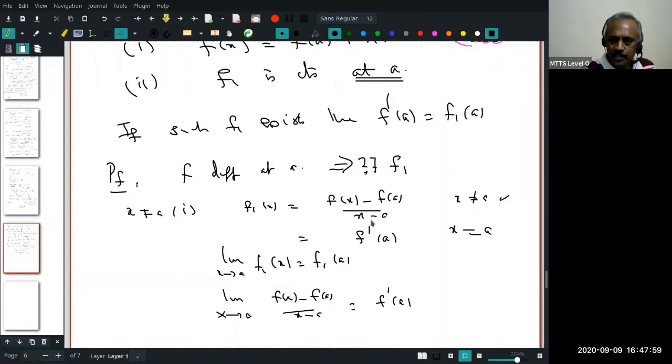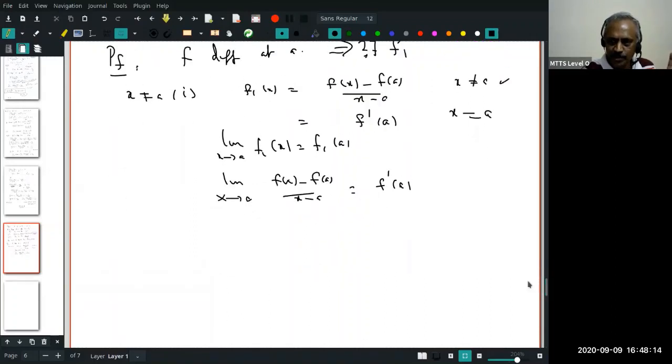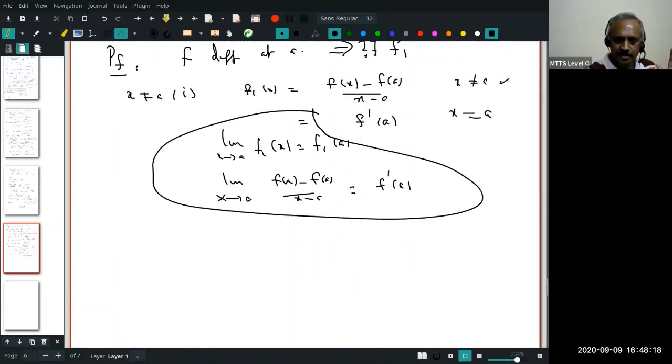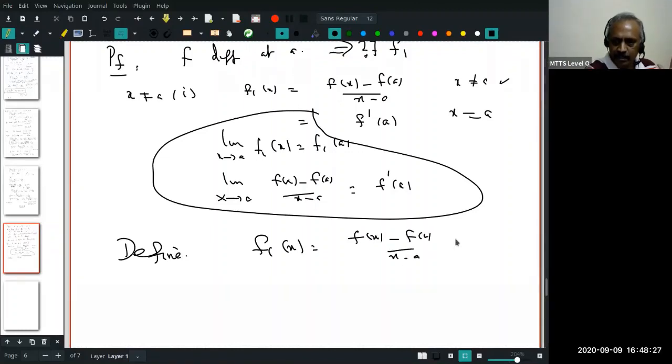Therefore the limit of the difference quotient (f of x minus f of a) by (x minus a) should exist. Since f is differentiable, I know that limit exists, that is f dash a. Therefore, I have to define f1 of a to be f dash a. This is the motivation. Now, like your textbook, you can simply forget all these things. Define, that's what teachers will say. Define f1 of x equal to (f of x minus f of a) by (x minus a) for x not equal to a, and equal to f dash a at x equal to a.